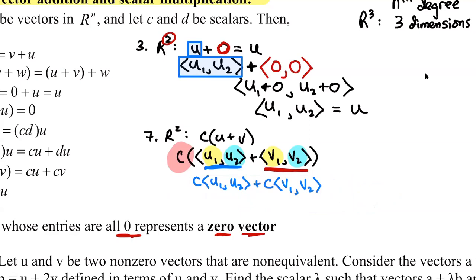In our first step, we established that U was the same as U1, U2, and V was the same as V1, V2. We had to establish that this was going to work in R2 specifically. So it wasn't just a matter of distributing the C and calling it a day. That wouldn't establish the R space connection. But now that we've distributed sufficiently using scalar multiple techniques, we can convert this back to just a U, and this one back to just a V, with the C and the plus, and then we have it.